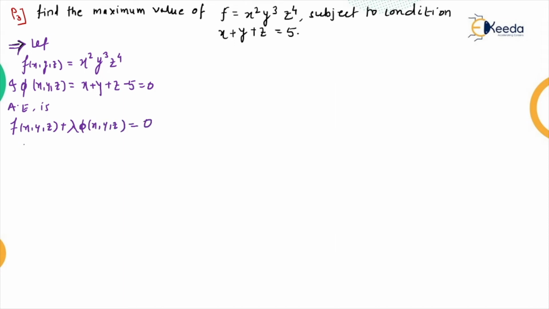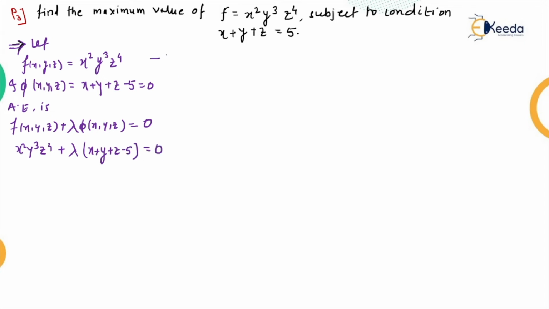Substitute the value of f of x y z. This becomes x square y cube z raised to 4 plus lambda times (x plus y plus z minus 5), and that is equal to 0.